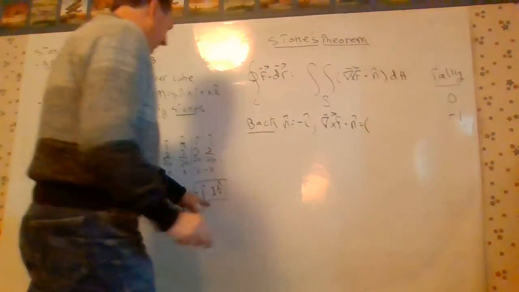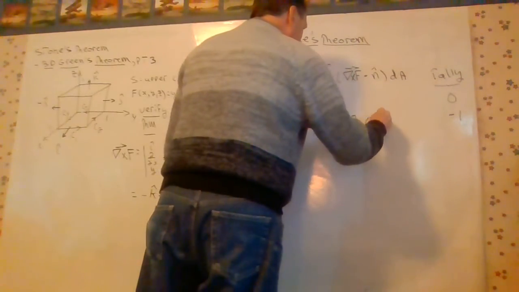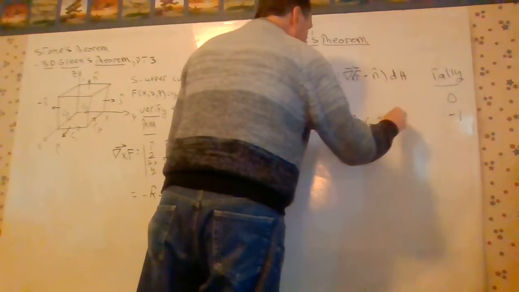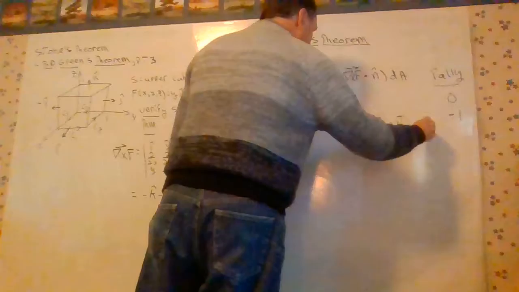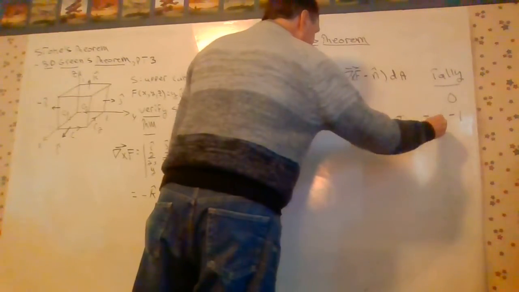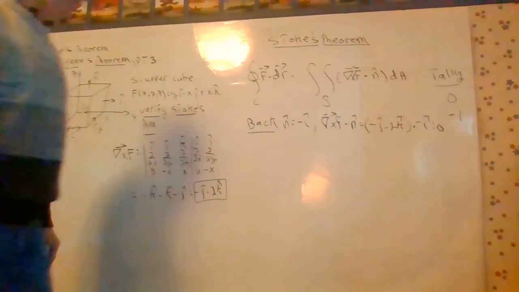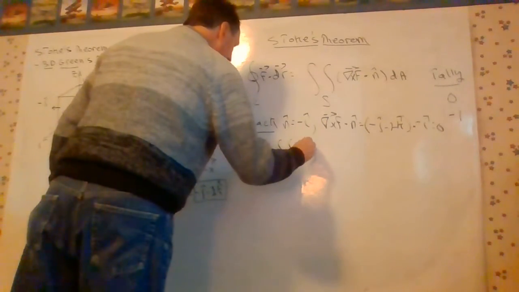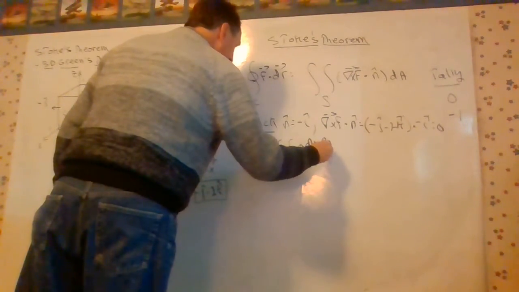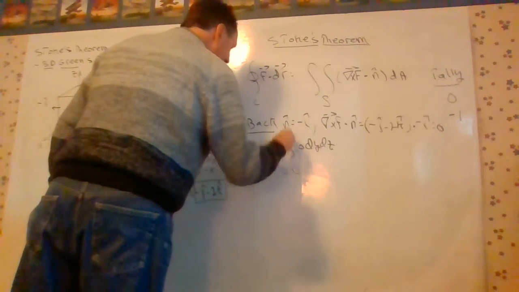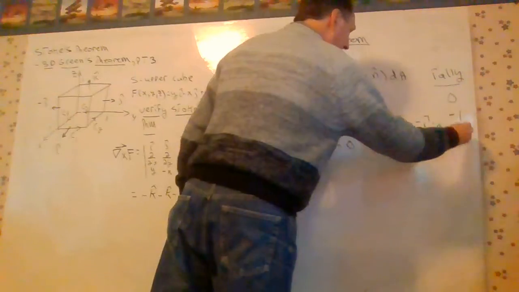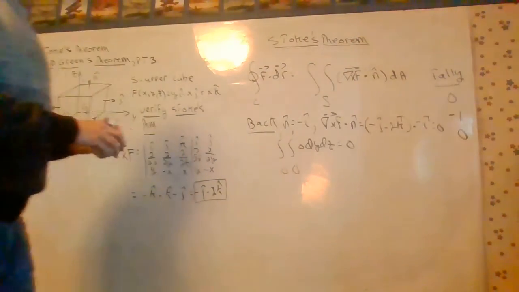We want to dot the curl, -j minus 2k, dotted on -i, which is 0, and so you can integrate 0 dy dz, and you get 0. And so we're going to put 0 in our tally there.